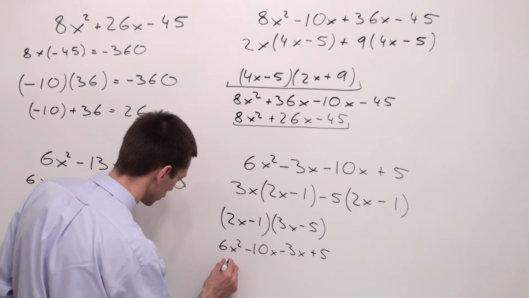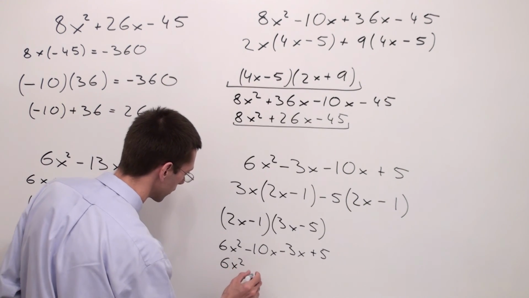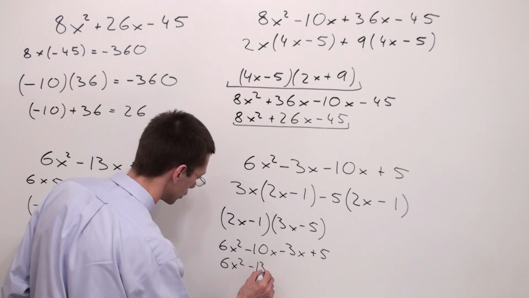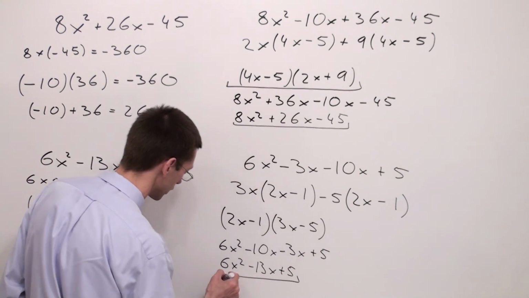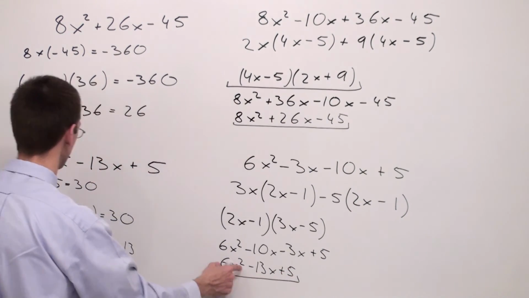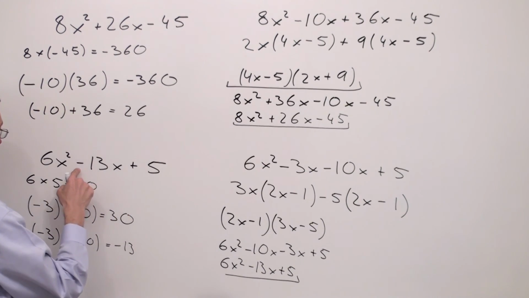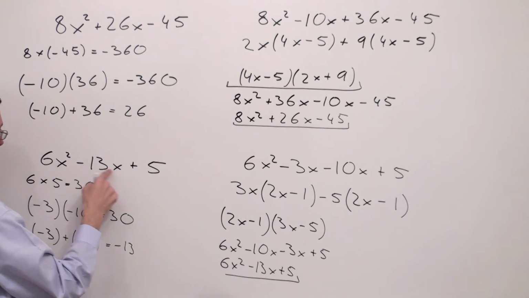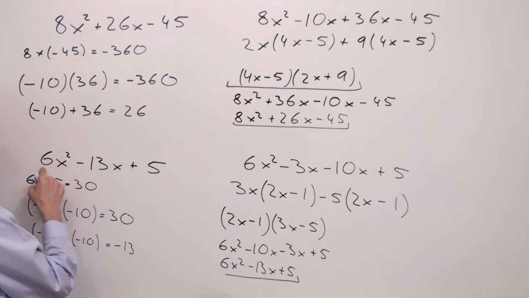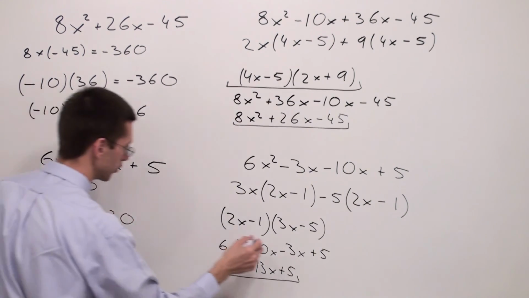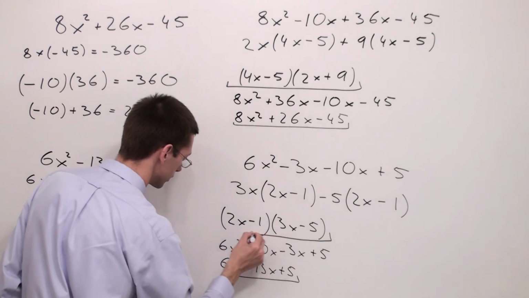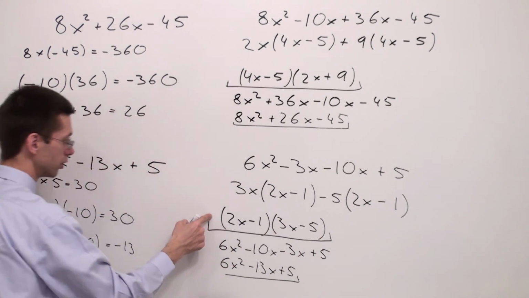So I got 6x squared minus 13x plus 5. As you can see, this is equivalent to my original expression, the original quadratic trinomial. So the solution to my problem looks like this. This is the solution to the problem.